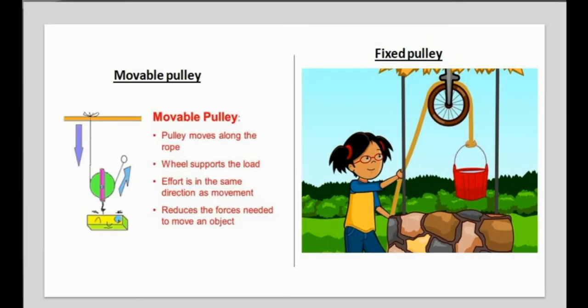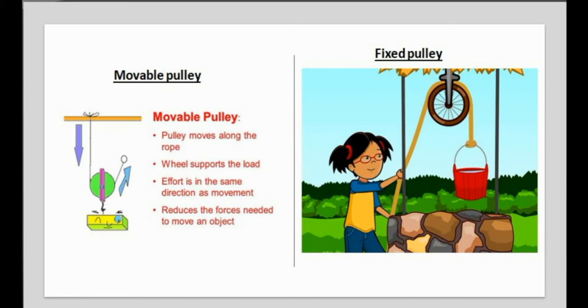There are two types of pulleys: fixed pulley and movable pulley. The pulley used to draw water from a well is a fixed pulley, and a movable pulley is one that moves along with the rope. Movable pulleys along with fixed pulleys are used to lift loads.